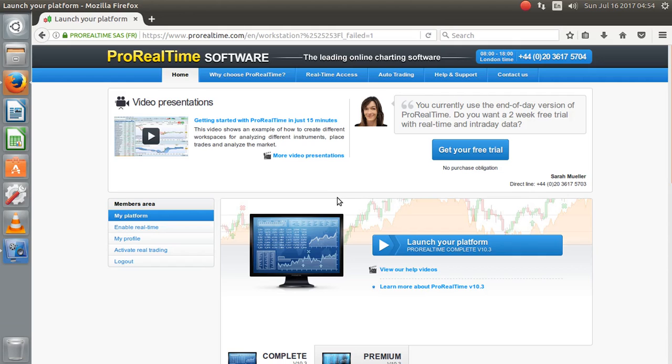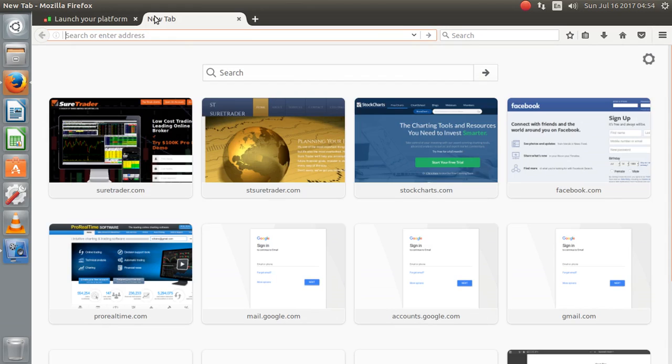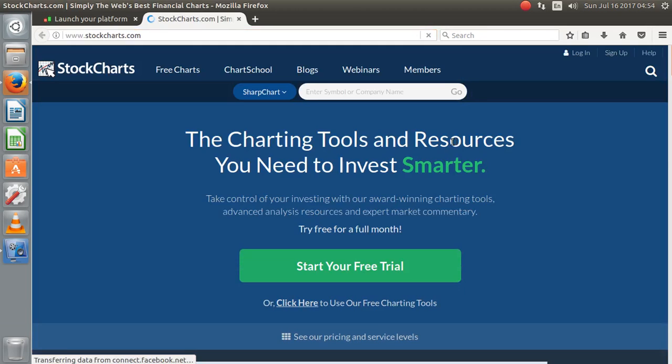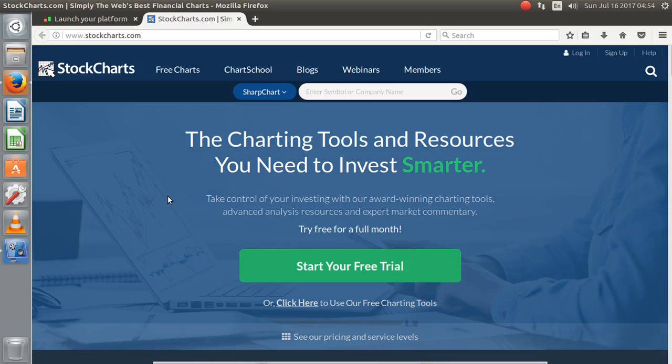You can trade Forex as well using this software. On the other hand, I closed that one already. That was the stock charts. Okay, stockcharts.com. If you want Indian stocks, definitely you will need to use StockCharts, because StockCharts is the only company I know of right now that offers free data for the Indian stock market.